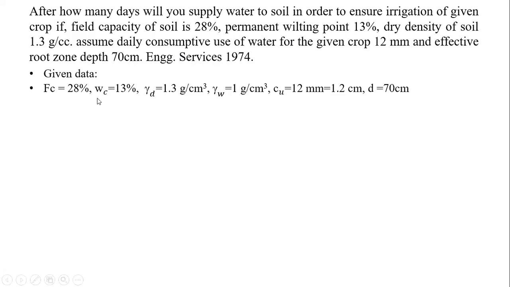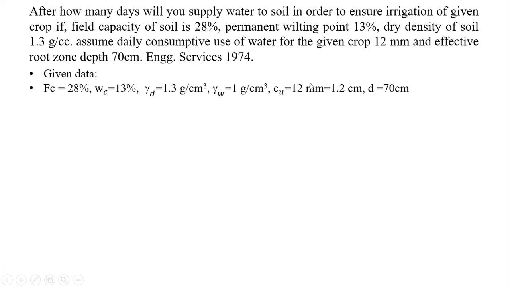Okay, so the given data here: field capacity 28%, wilting coefficient 13%, gamma d, that is the dry unit weight or dry density of the soil, as 1.3 gram per cc, that is cm cube we can say. And in the same units, the unit weight of the water is 1 gram per centimeter cube.